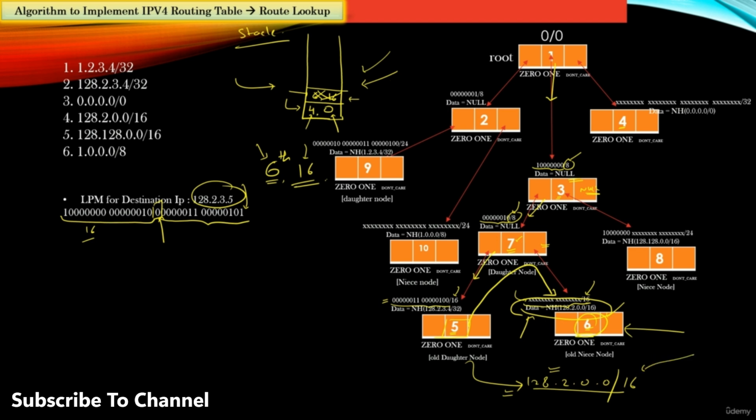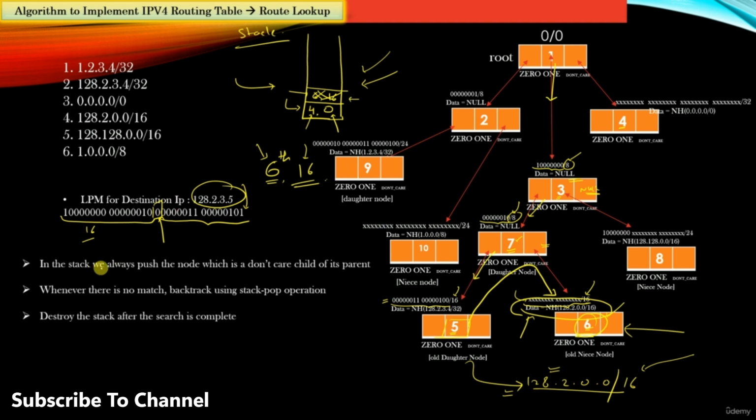In the stack, we always push the node which is a don't care child of its parent. Whenever there is no match, backtrack using the stack pop operation. Destroy the stack after the search is complete, because we have already found the route of our interest. Let us discuss the route lookup algorithm with one more example in the next lecture video.